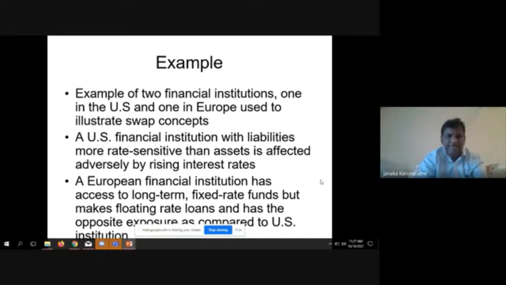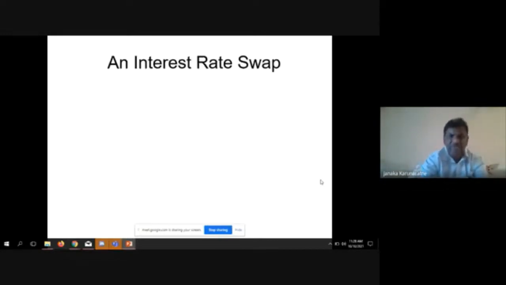And also the opposite, they are more asset sensitive, so any interest rate drop will affect them, because they have floating rate loans and fixed rate liabilities. In the earlier case, with an interest rate rise, they are at a disadvantage. So they have two different interest rate scenarios.